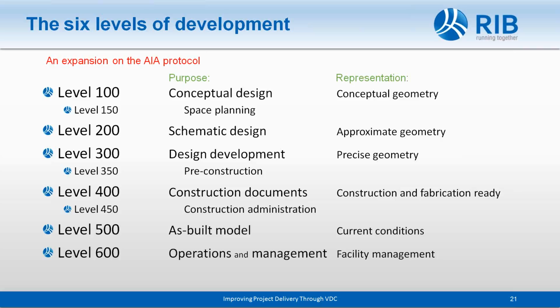The LOD is on the object, the element level, and not the model as a whole. Even though the model can or cannot be used for certain purposes until the correct objects within the model reach certain levels.